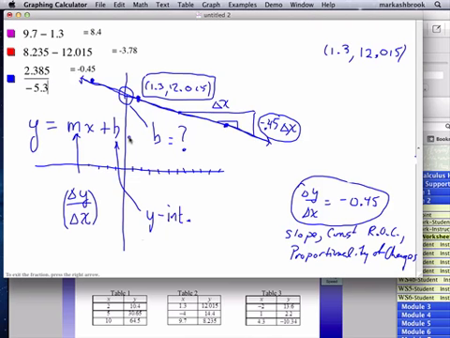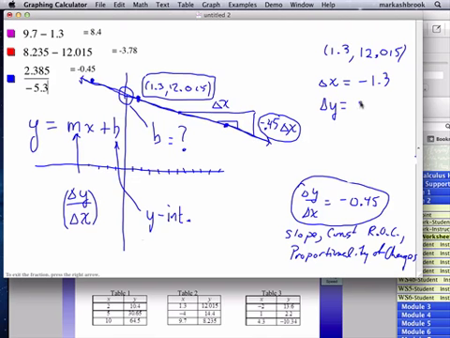In order to get to 0 from 1.3, you have to subtract 1.3, which is your change in x. So my change in x from this point to the point I want is negative 1.3. And then to get your change in y, you multiply by negative 0.45. Nice.